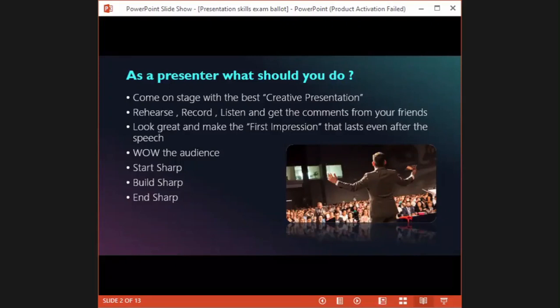Then only you can deliver a good presentation and get comments from your friends during the rehearsals, because sometimes there can be certain things which we can't see, but our friends can suggest, okay, you add this part and you don't speak this part.